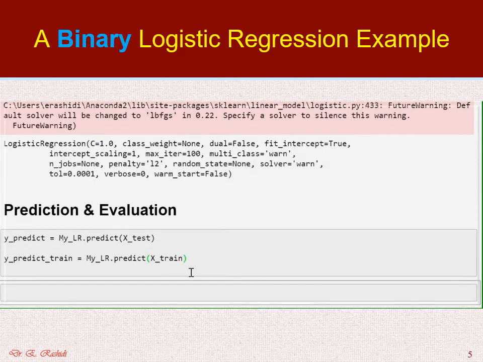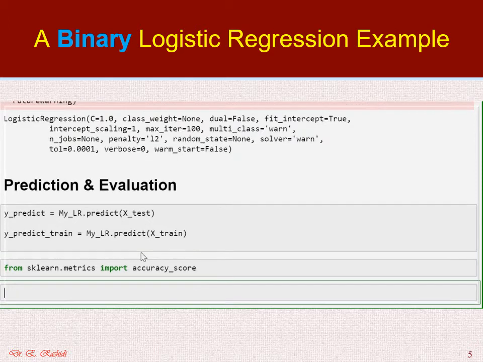All right, so now we want to see the accuracy score, the performance of our model. So first we need to import the accuracy score. From Scikit-Learn, the metrics module, we want to import the accuracy score. And now we can print out the accuracies here.